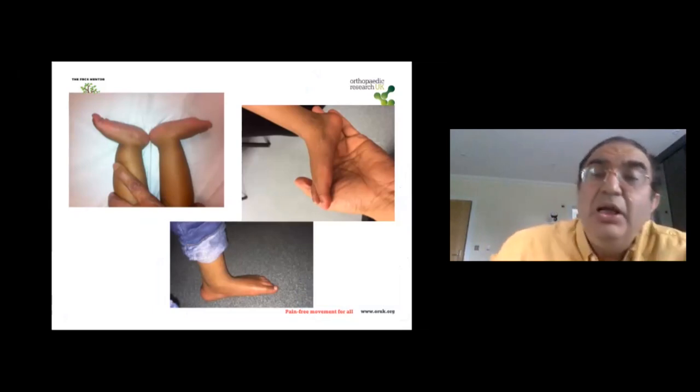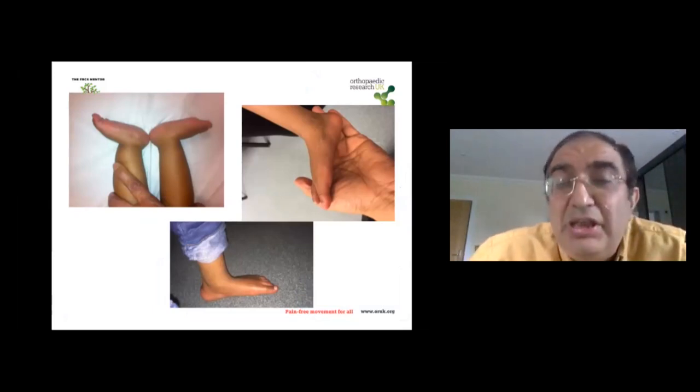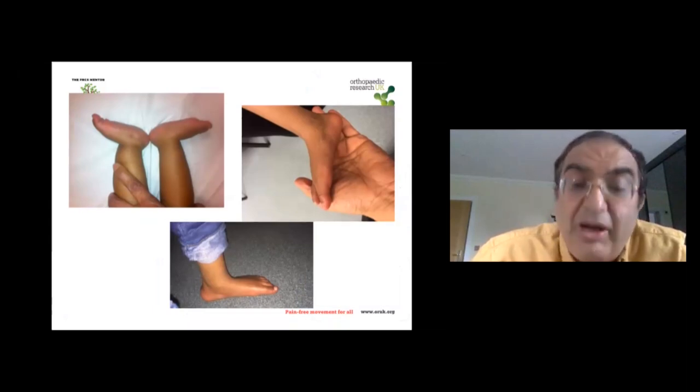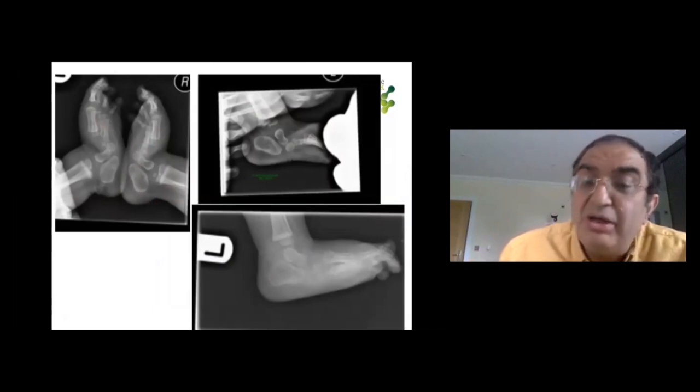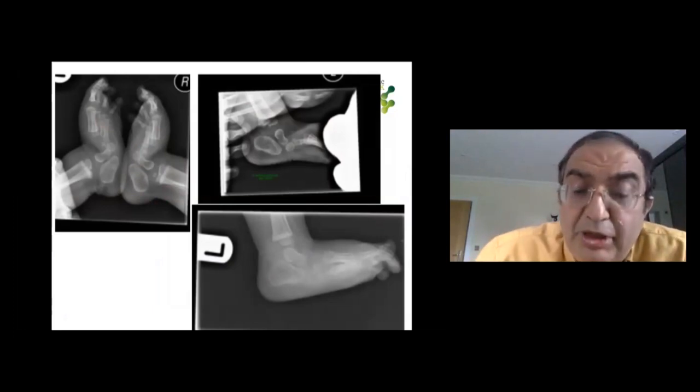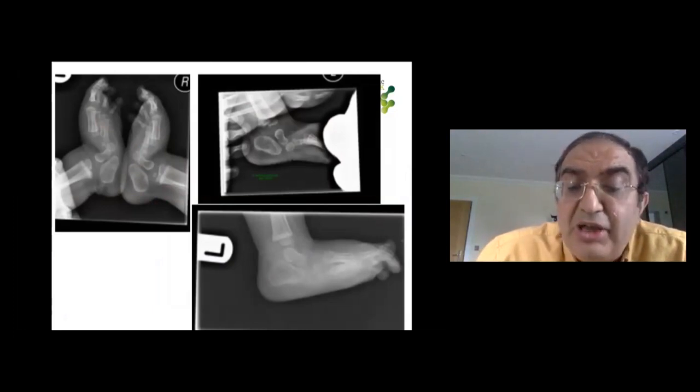This was a child who presented late, so he needed the 1-stage surgical release. You can see the Cincinnati incision in the figure on the right, and you can see the correction. You can see the vertical talus preoperatively, and the X-ray on the right bottom, the lateral view, shows that it's corrected.